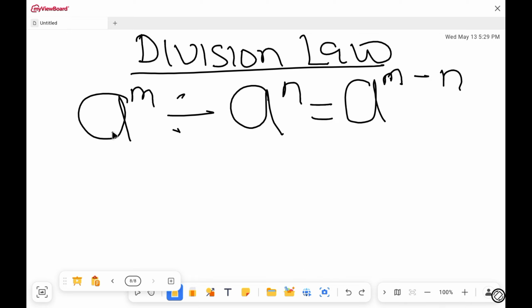They both have base a but different powers. The first one has power m, the second has power n, and you have division. So whenever there is division, you subtract. So now let's give an example.